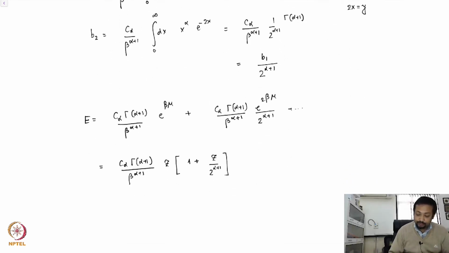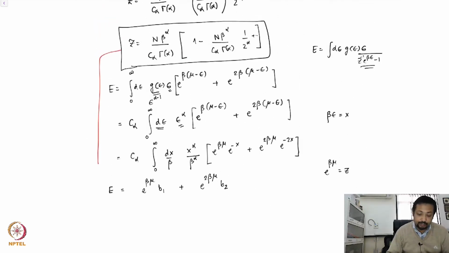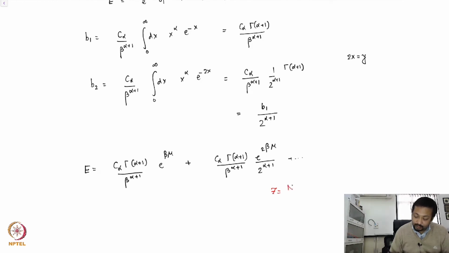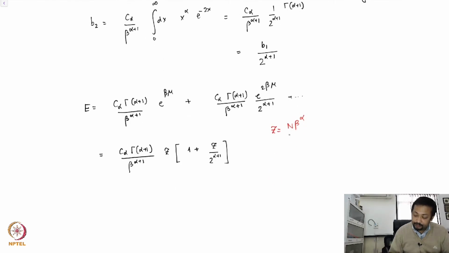So let's just write down z, which we had obtained above: n β^α divided by c_α Γ(α+1) minus (n β^α / (c_α Γ(α+1)))^2 over 2^α, higher order terms.